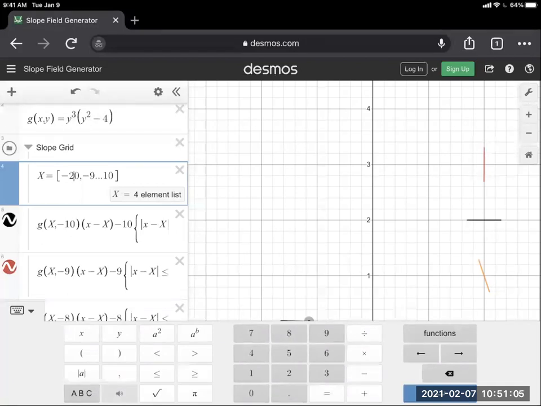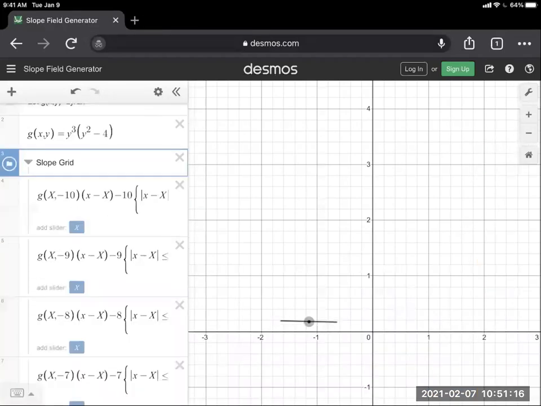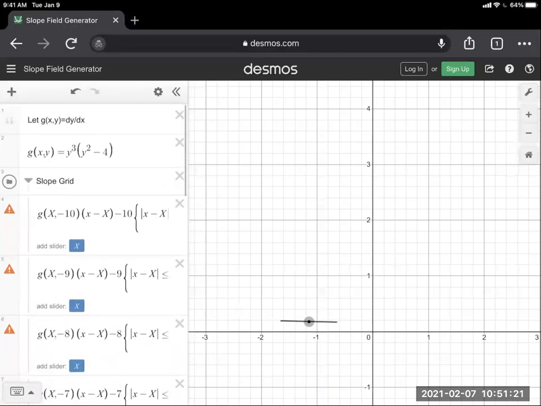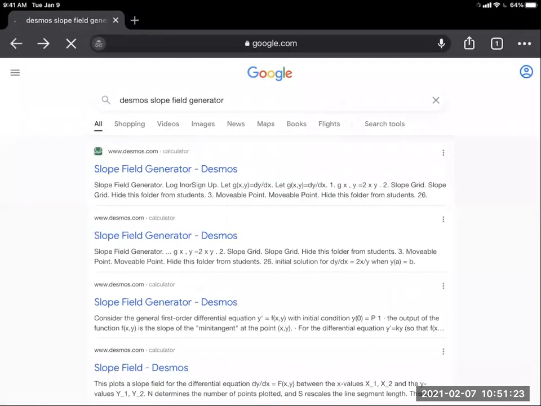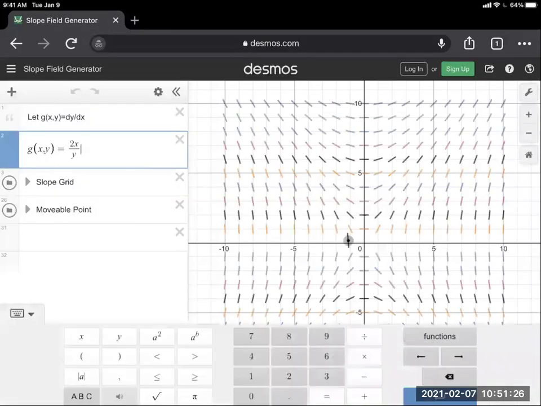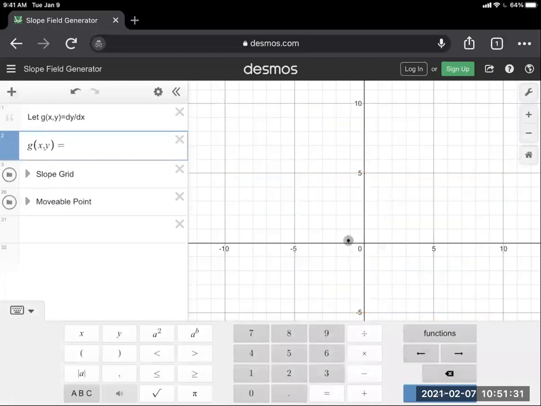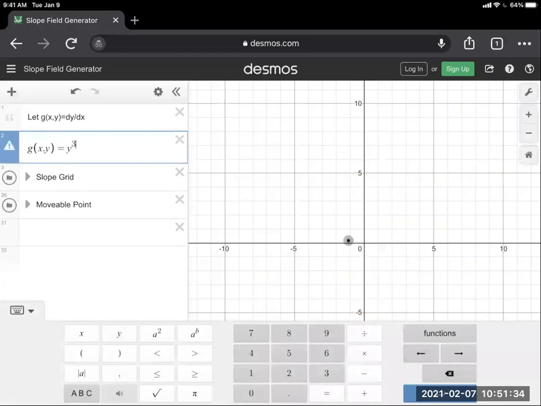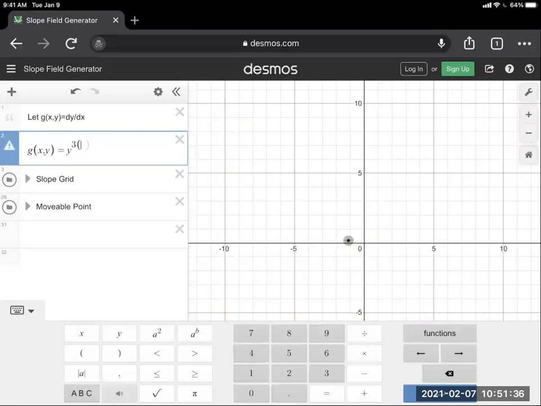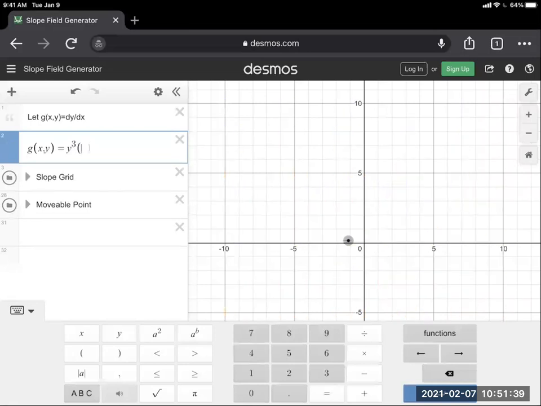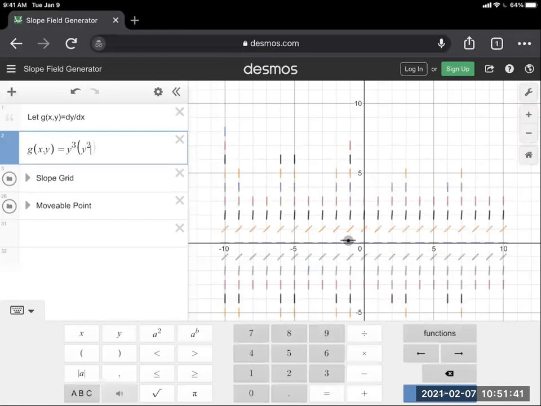I don't know if this is going to help or make it worse, but let's try it. Oh dear. Let's restart here. So we had y cubed times y squared minus 4.